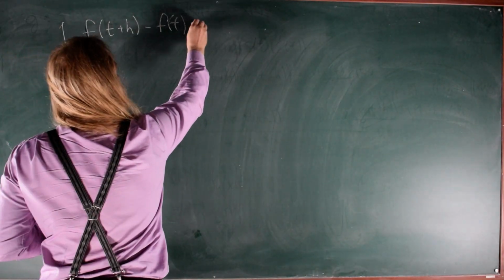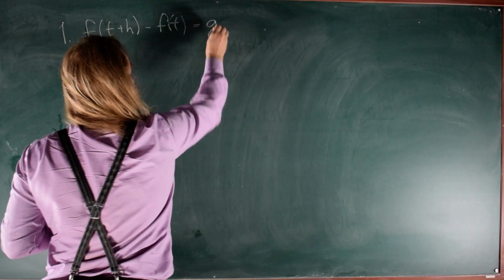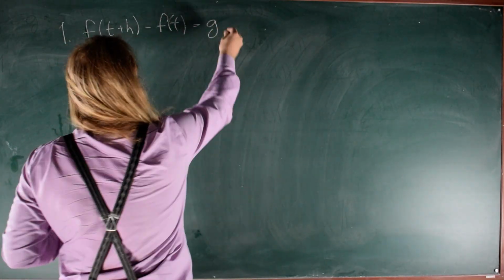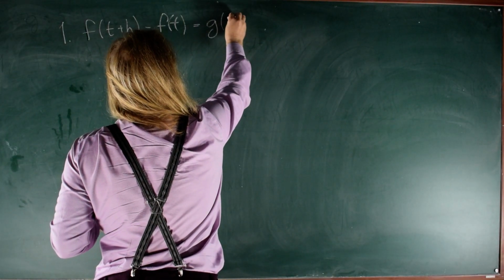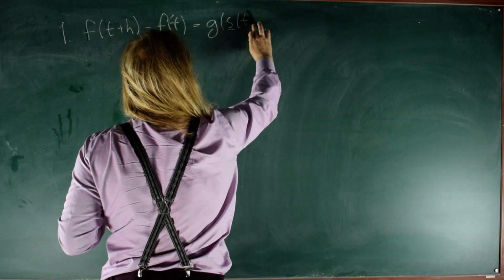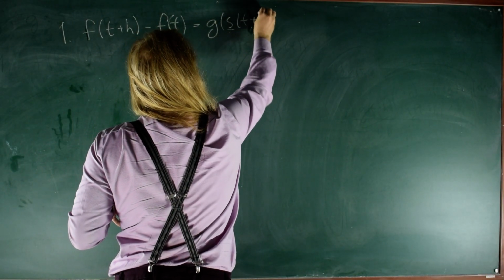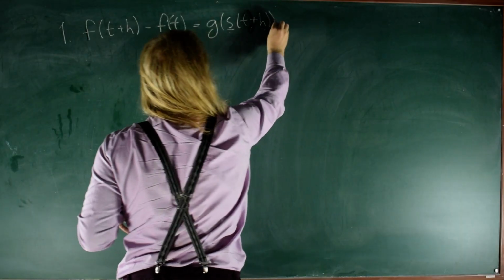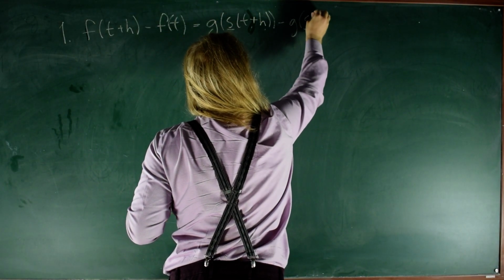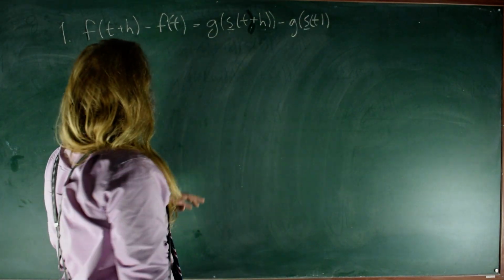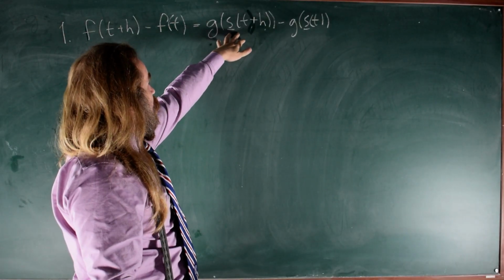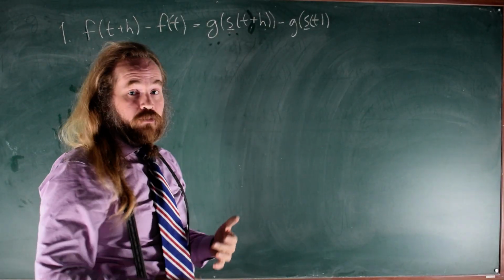I can write this as g, where g is my function of two variables. That's the surface, after I take some kind of parametric curve on my parameter t. So I have the outer function g, which is a function of two variables, and I have this inner function s, which is the parametric curve.